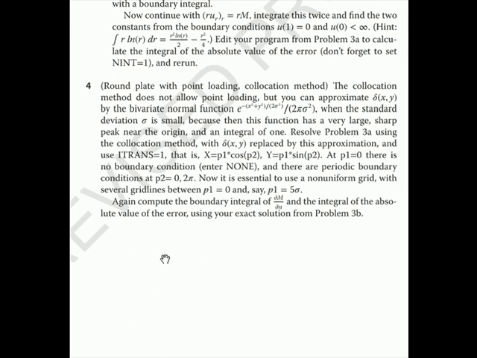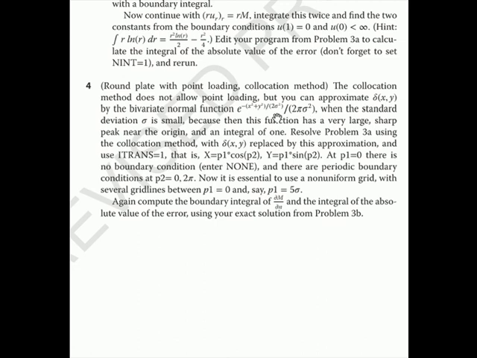And finally, I did assign problem number 4, and that is using the collocation method for the same problem 3a. Except that I just said collocation method doesn't allow a forcing function to be a delta function, but you can approximate it by this bivariate normal function.